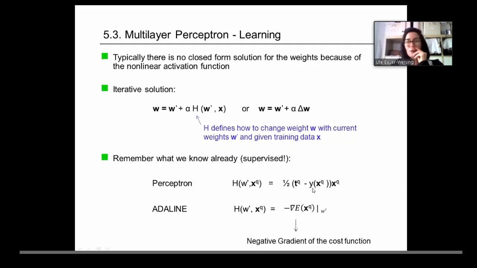This is the formulation we introduced for the perceptron learning rule. For the Adaline, this function h corresponds to the negative gradient of the quadratic error evaluated for xq, evaluated for the current weights w.